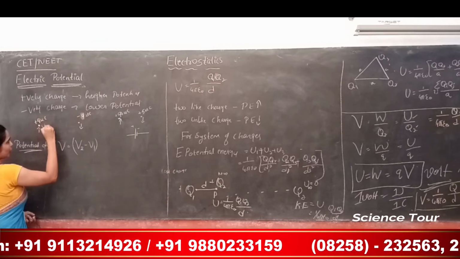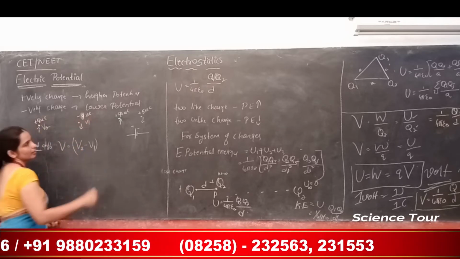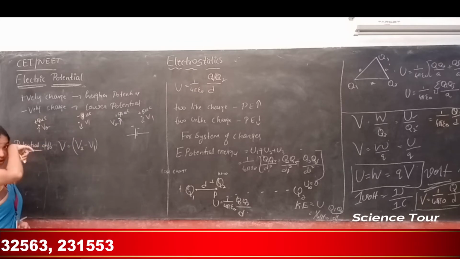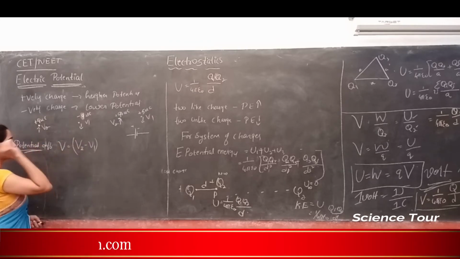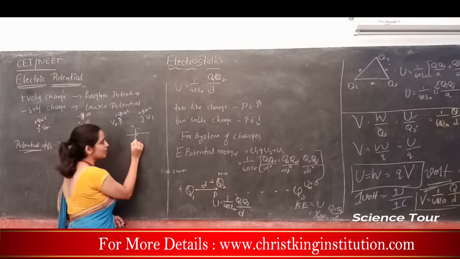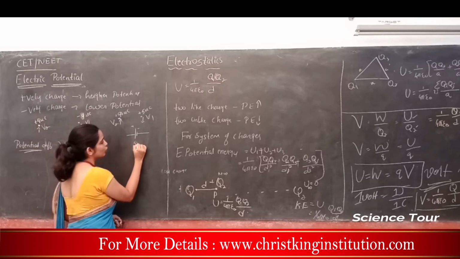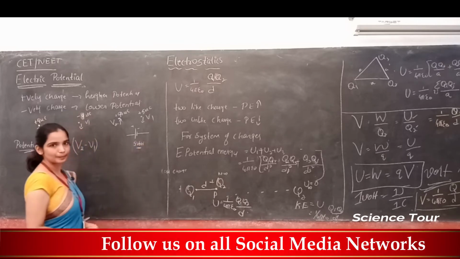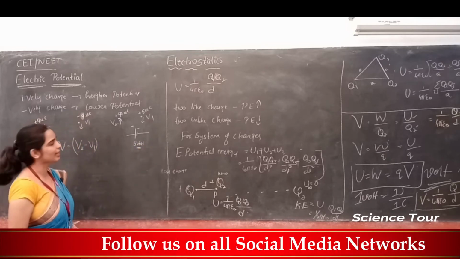Here this will be your V2, this will be your V1. Got it? So V2 minus V1 is the potential difference. Let's say the potential difference here is 5 volt, between the positive and negative terminal.